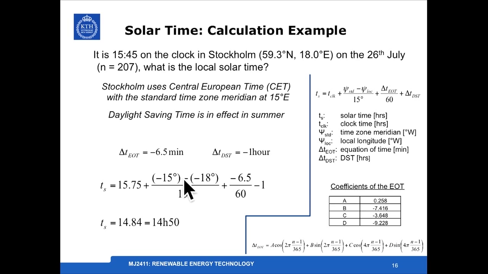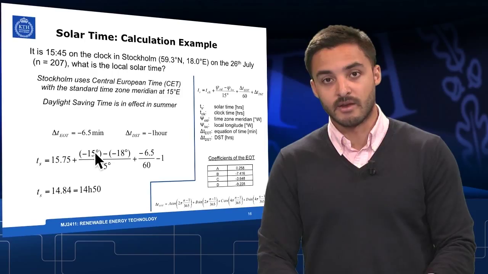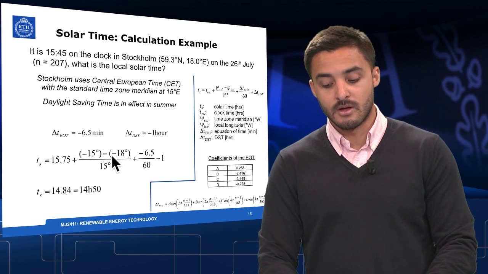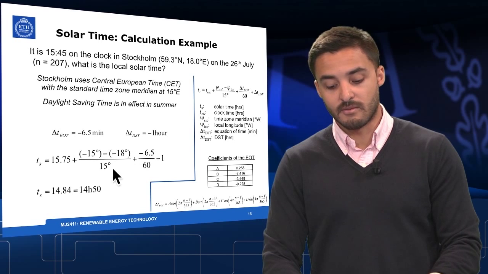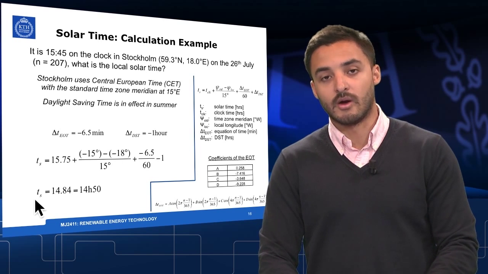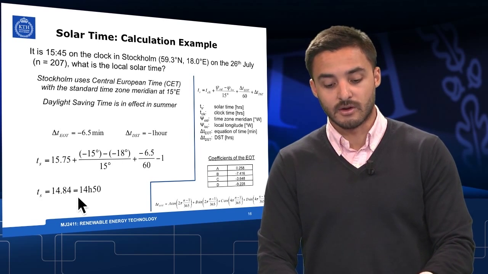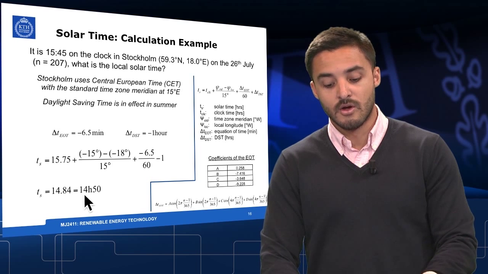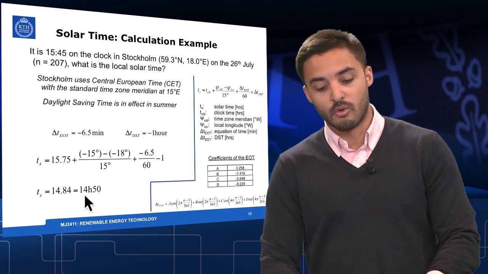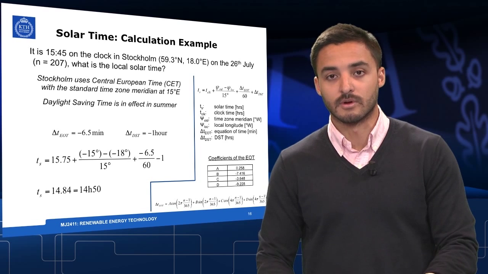And the last correction is between the actual longitude and the standard meridian used for the time, and it's important to notice again that it's made on west. So that's why the minus here on both, minus 15 and minus 18. With these correction factors, by replacing them, we are able to calculate that the solar time for that specific clock time on that day in Stockholm is 14:50. So we are more than 1 hour behind when compared to clock time.